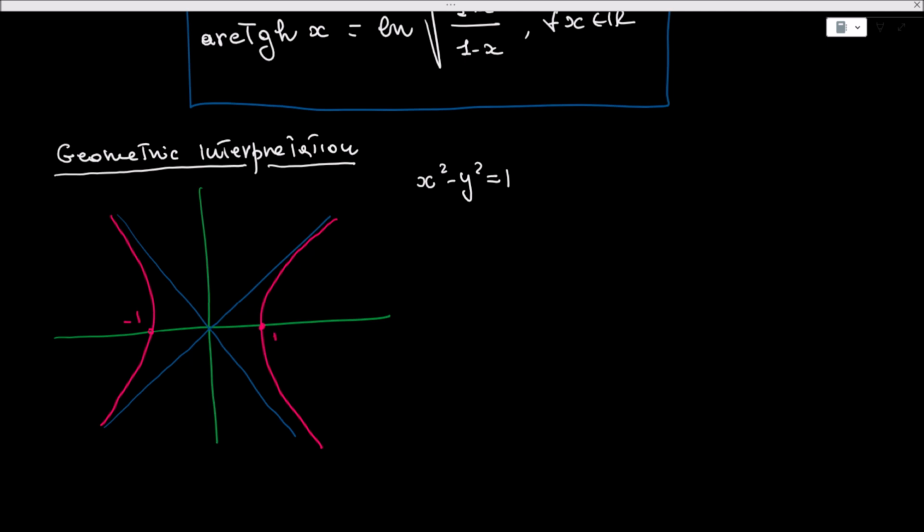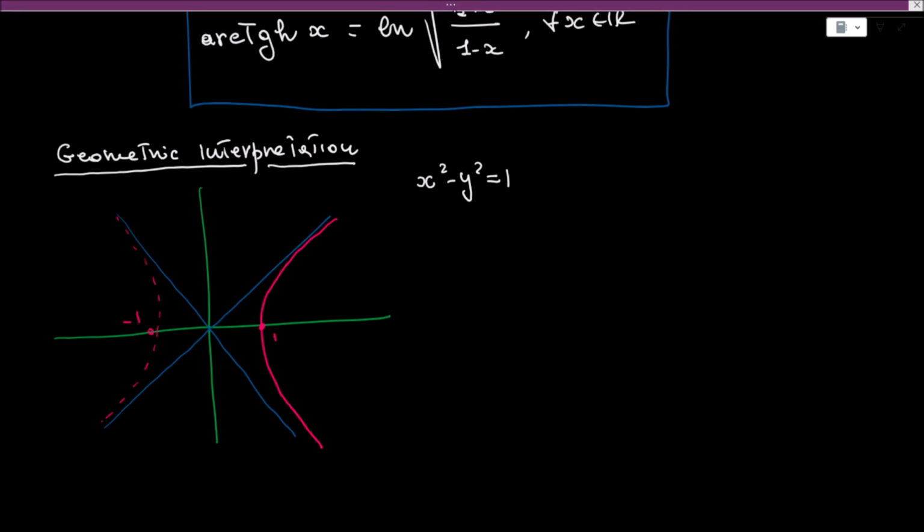Now, actually, we don't need the left branch, so let's remove the left branch, or just put this as a dashed line, because we will be only using the right branch. So this is the right branch of the hyperbola x squared minus y squared equal to 1.